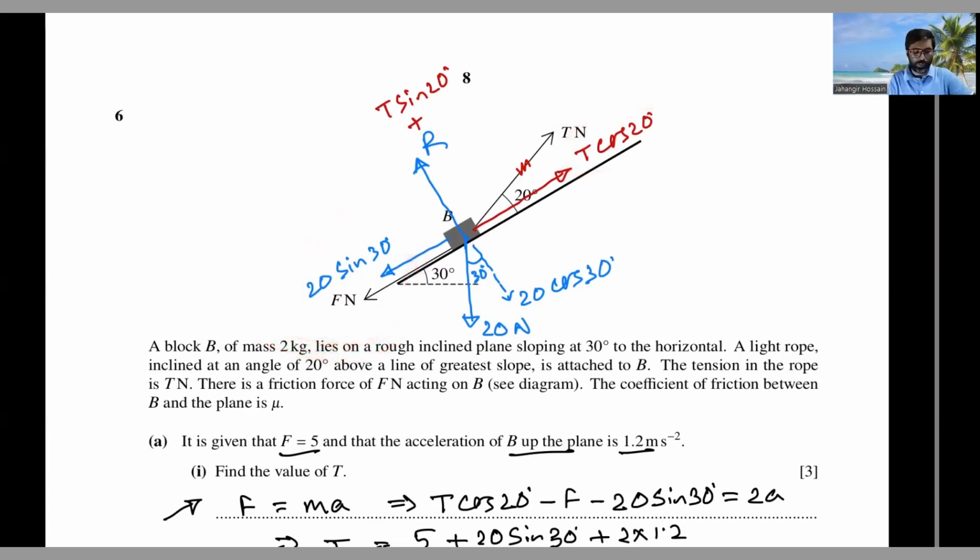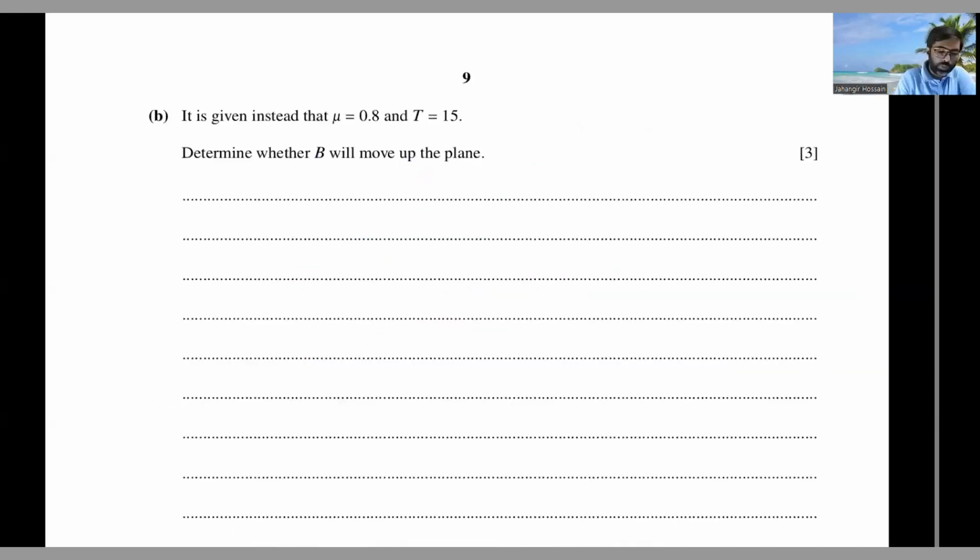This time, friction is not 5, rather we have to calculate it. So let's first calculate friction. To calculate friction, we need to find the normal reaction. If we consider the normal to the plane, then we have R plus T sin 20 equal to the downward component of weight, 20 cos 30.